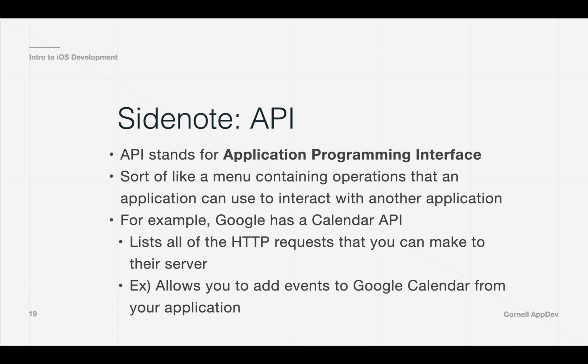It stands for Application Programming Interface, and it's sort of like a menu containing all the functionalities or operations an application can use to interact with another application. So, for example, Google has its Google Calendar API, and so it has a list of all the possible HTTP requests, all the parameters it needs to be passed in for each one, and the responses. It pretty much outlines or defines how you can interact with this interface or endpoint.